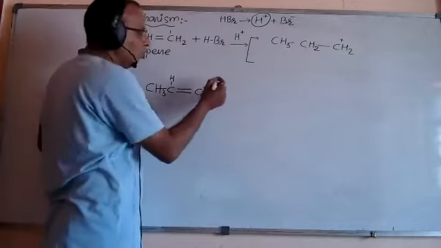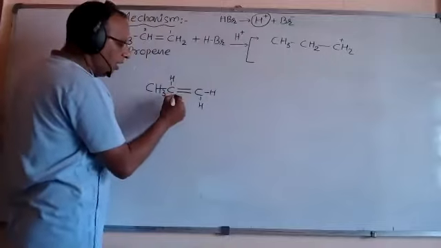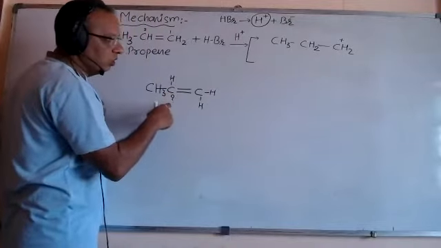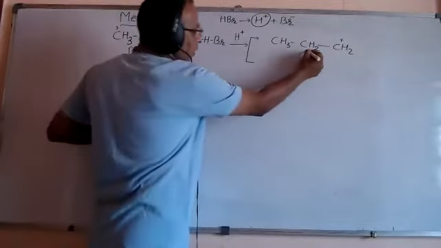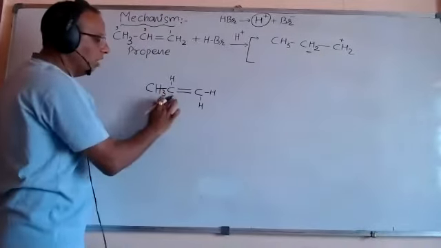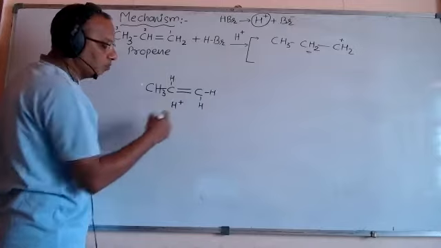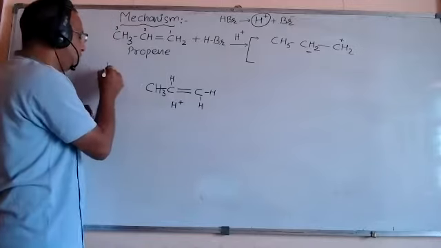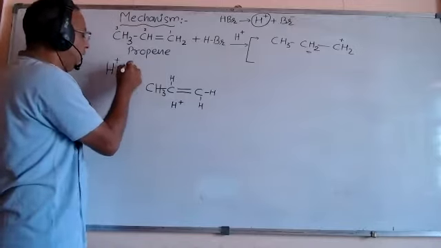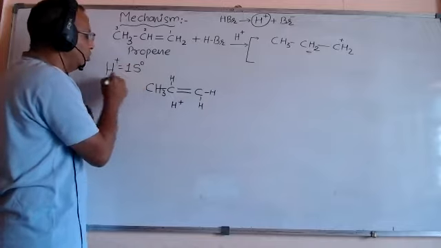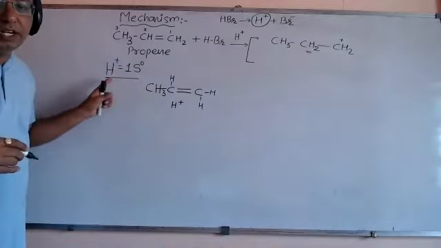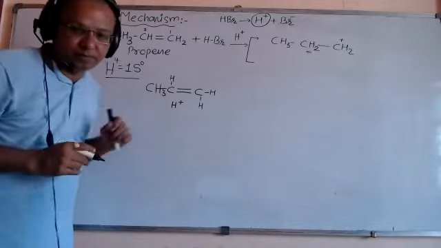Friends, when hydrogen is added here, as I have mentioned, hydrogen is positively charged, H plus. Friends, the electronic configuration of H plus is 1s0. It does not have any electron to share with this carbon.